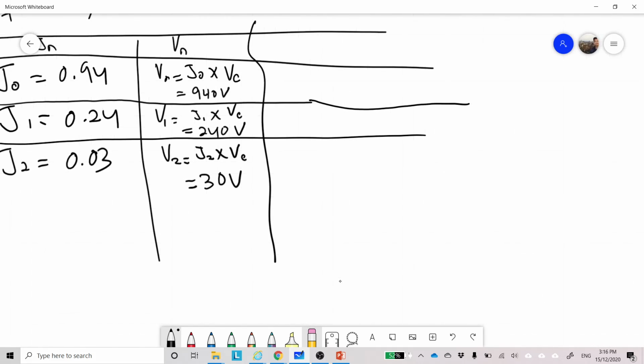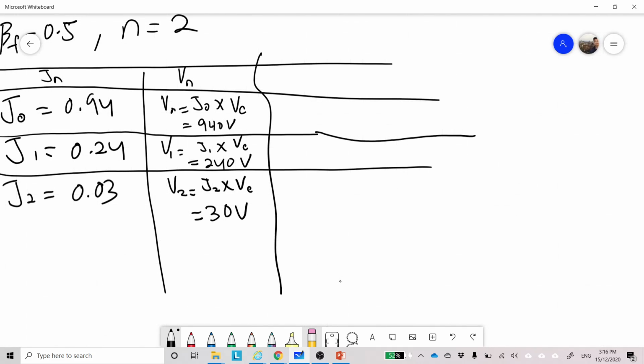Okay. And remember that the frequency, we can use here, for example, LSB, how much is the frequency, and then USB, how much is the frequency. So this one for the J0, dia terletak pada FC.